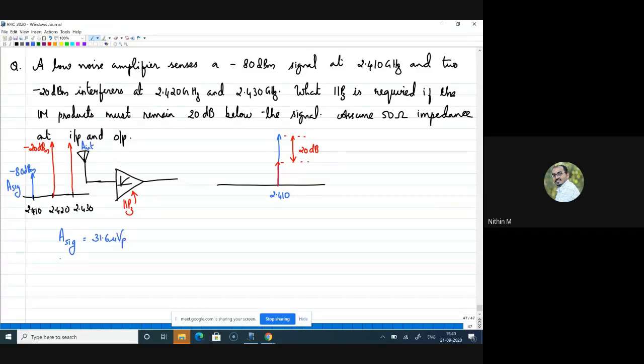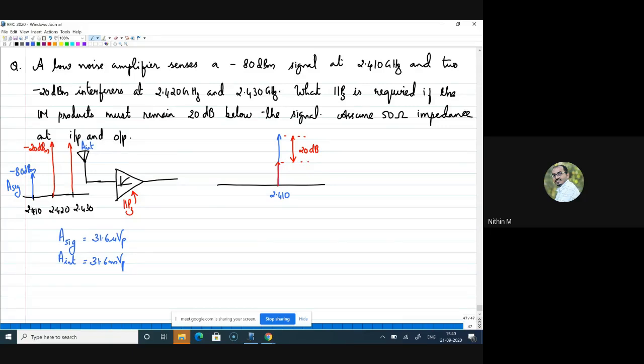And similarly, what is the interferer amplitude? 31.62 millivolts. 31.62 millivolts peak. All right. So these two we are getting directly from the power levels which are given. Now, the question is what IIP3 is required if the IM products must remain 20 dB below.